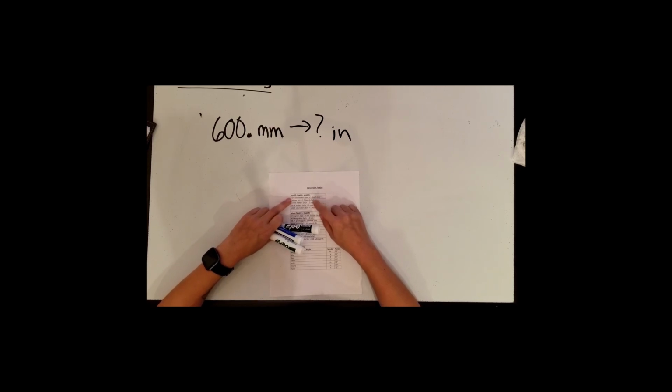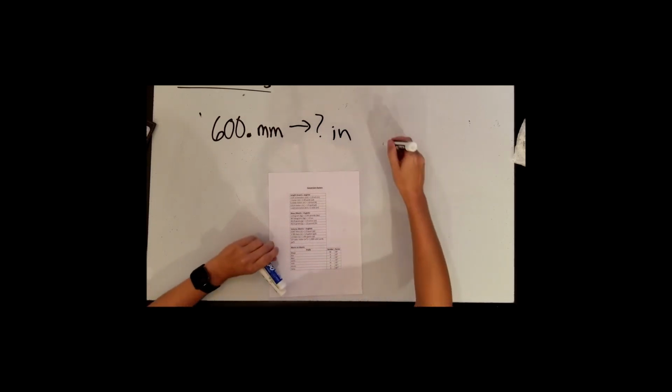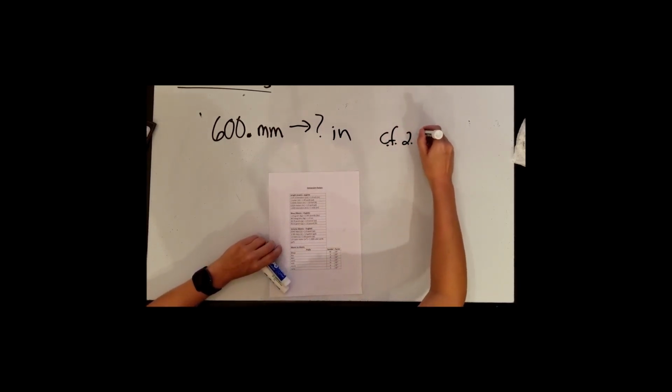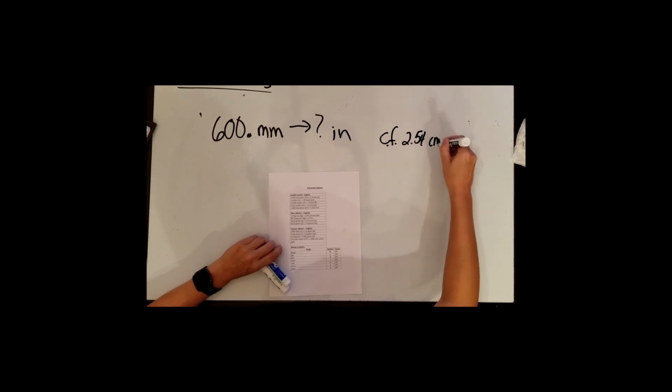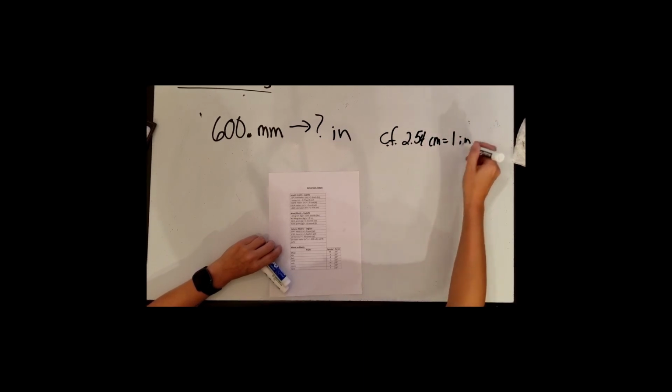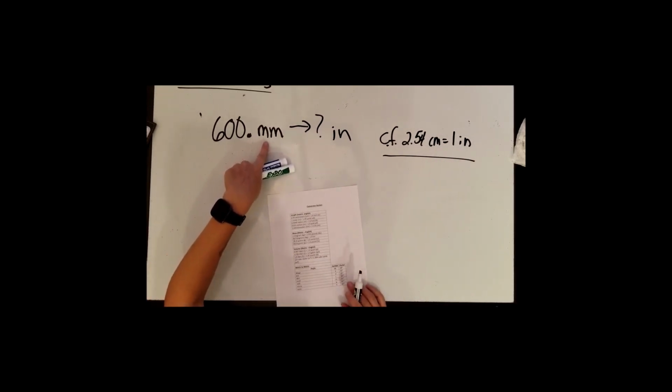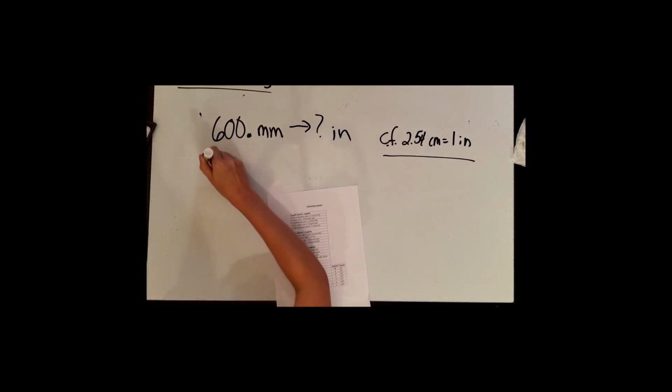So I'm looking at the very first one on this conversion factor chart. So if I use this 2.54 centimeters equals 1 inch, in order to use this, what I need to do is go from millimeters to centimeters. So let's write that process.